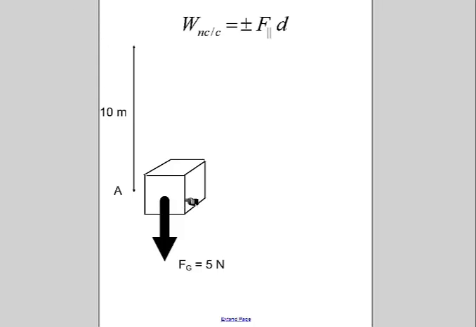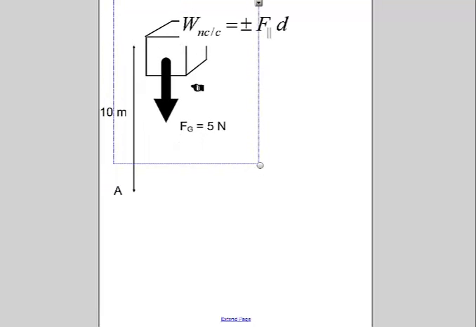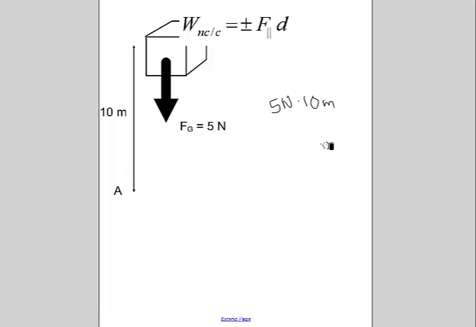So we'll start by moving a block up. It starts at A and we move it up 10 meters. The whole time, a 5 Newton force, the weight of the box, the magnitude of the force of gravity, was acting for a distance of 10 meters, and it was acting in the opposite direction of motion. So we were moving up, and the force was directed downwards.